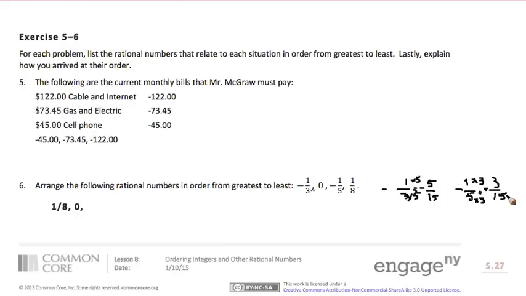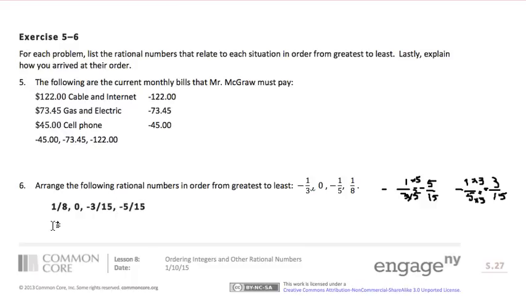Now our question was, which one, because we are arranging our numbers from greatest to least. We started with a positive 1/8, then we went to 0. Now we need to go to the number closer to 0, which is -3/15. And finally, we would get to -5/15.